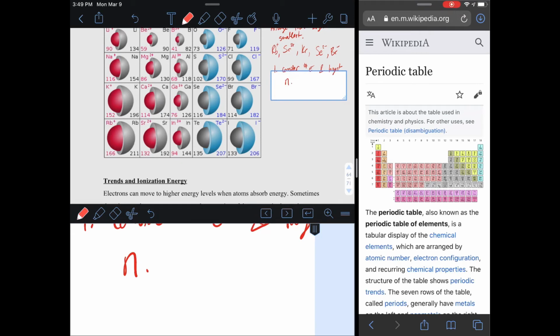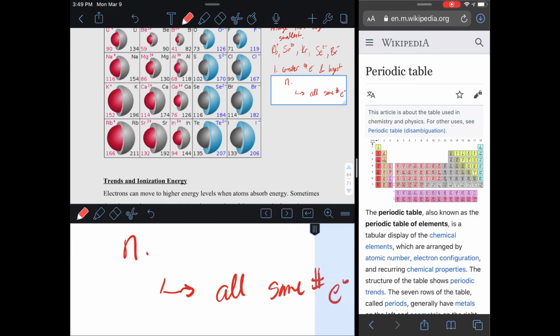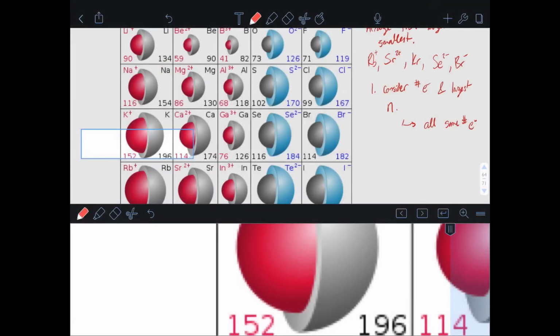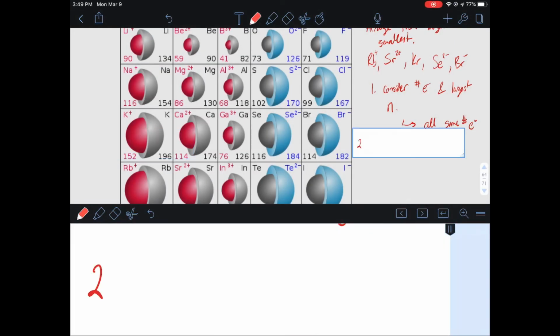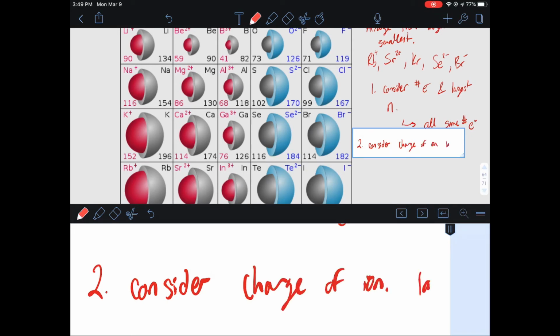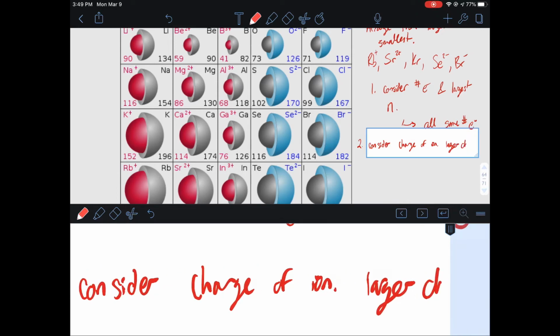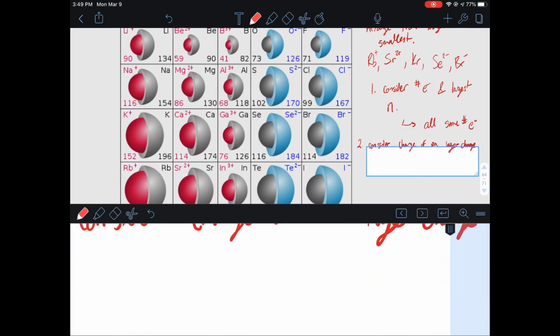In this case, all of these elements have the same number of electrons. And then number two, we're going to consider charge of ion. Larger charge equals smaller.